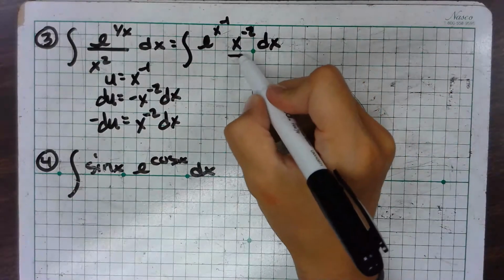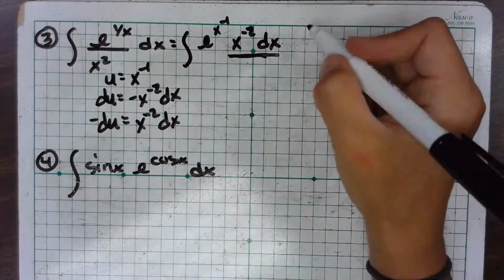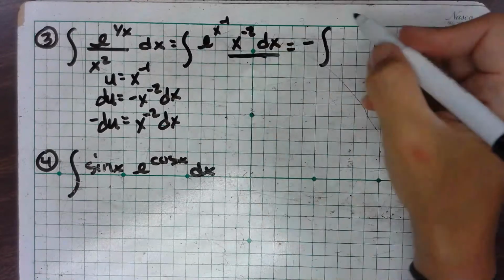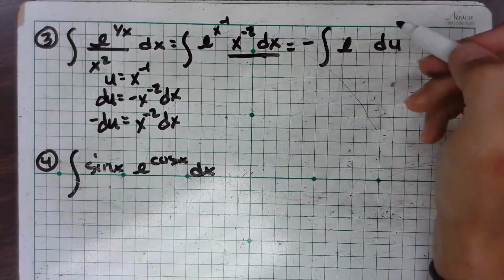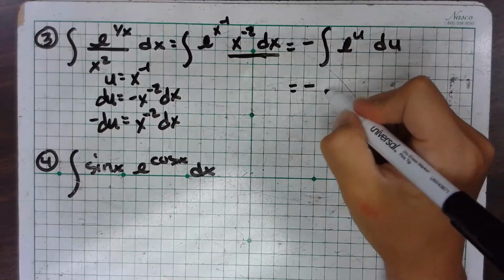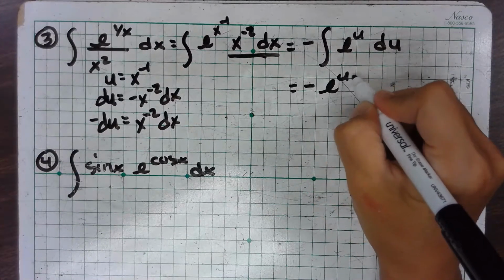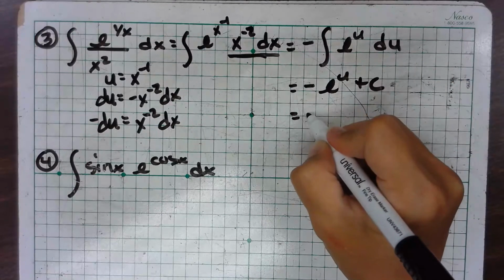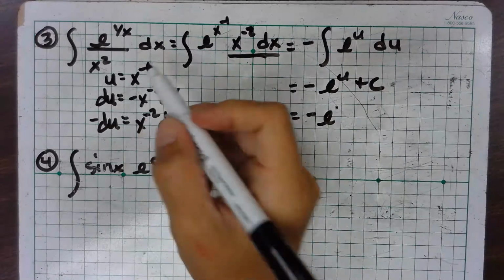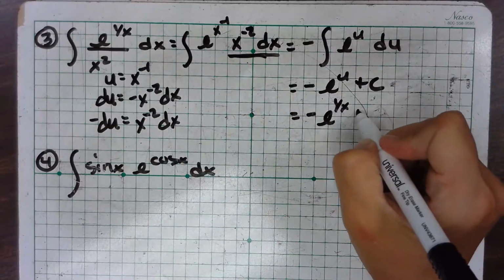And I'm going to replace this entire thing with negative du, and replace e to the x to the negative 1 with e to the u. So now when I integrate it, negative e to the u plus c, and now go replace u. And I'm going to go ahead and change this back to 1 over x.